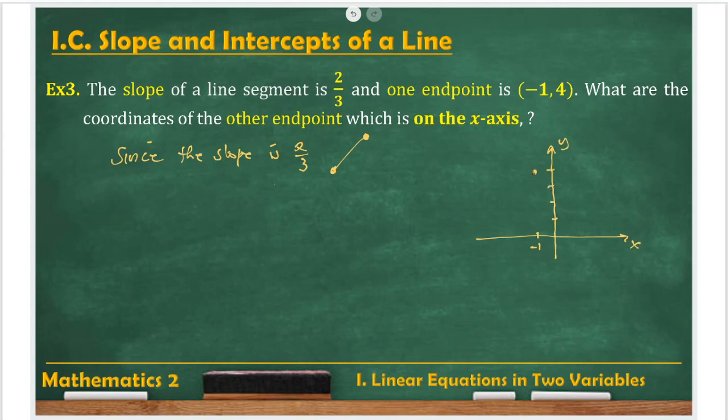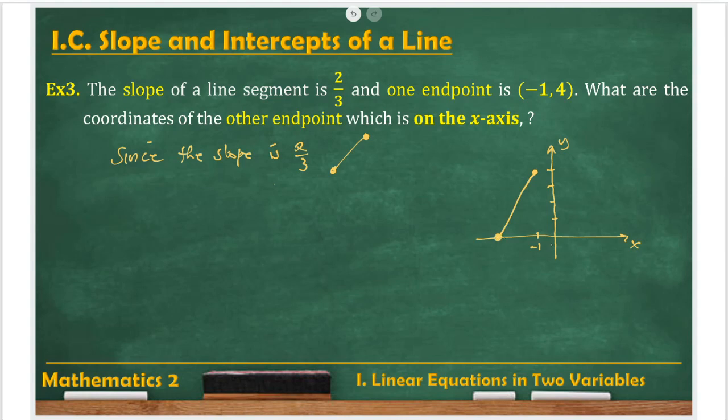So (-1, 4) is found here. And since it was mentioned that the other endpoint is on the x-axis, let's say this one is our line.